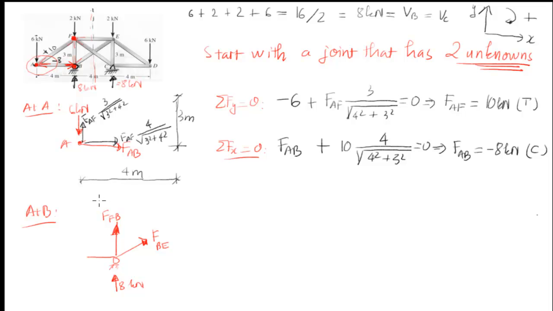This is joint B, so 8 positive goes to B. Its negative sign just says that it's compression. So once you know it's compression, go to the right and just put 8 kilonewton here.